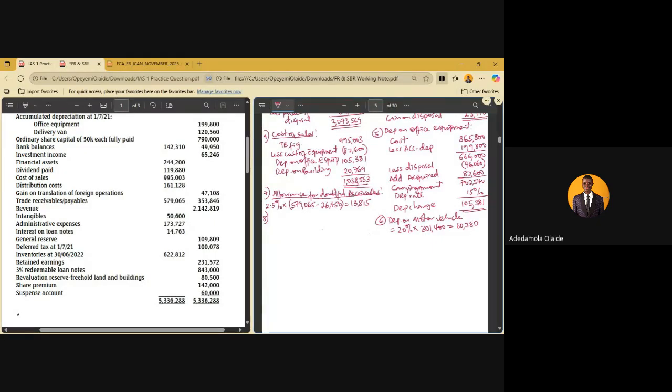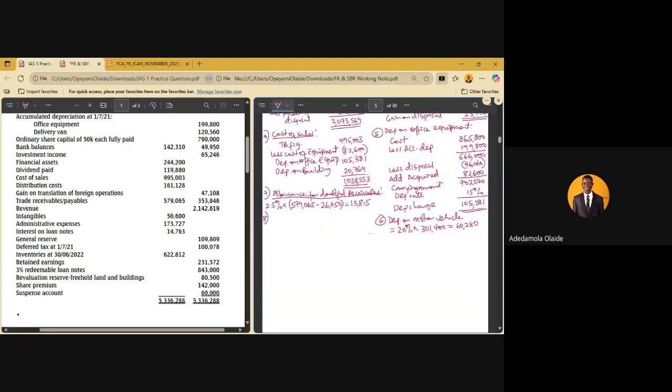But if the one in the trial balance is 15,000 and the one we just calculated is 13,815, it means our allowance is reducing. The difference between that 15,000 and this 13,815 will go to other income in our statement of profit or loss.